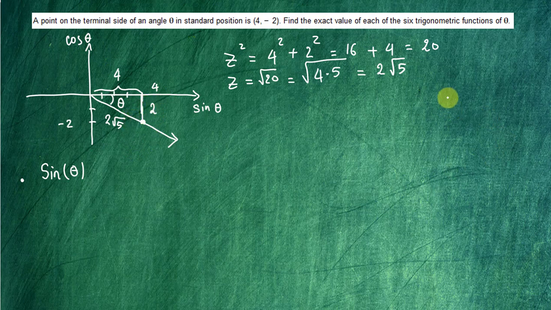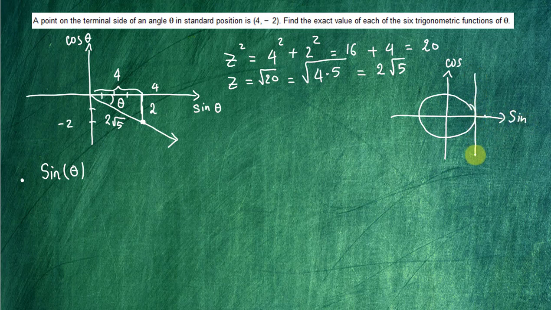Now recall that if I draw the unit circle, we know that this y-axis is your cosine, this x-axis is your sine, and the tangent is this line, and this is a particular angle right here. This is a standard picture for a unit circle.